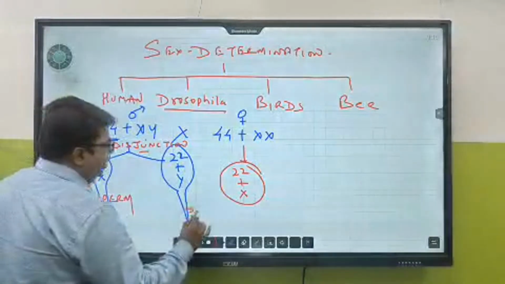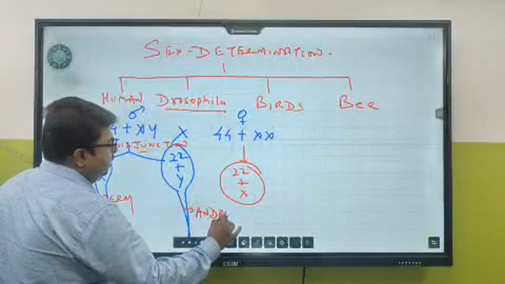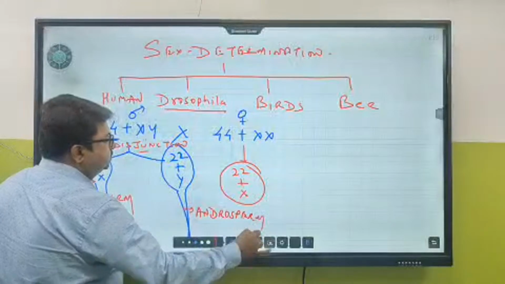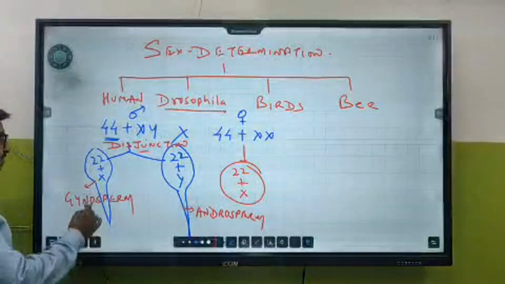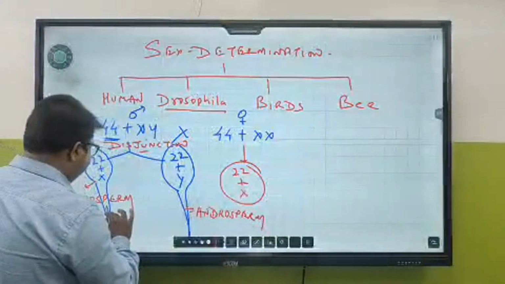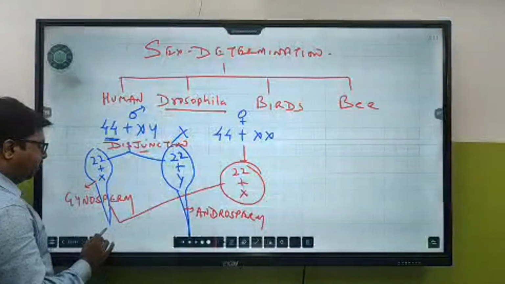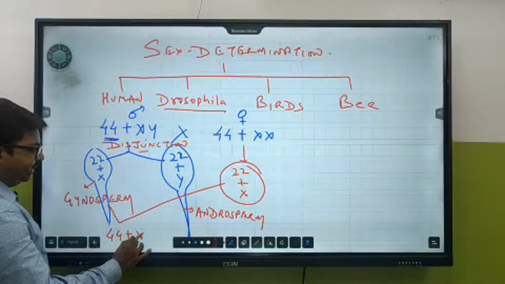The sperm containing Y chromosome is called androsperm. So if this gynosperm fertilizes this X, we're going to have 44 plus XX.